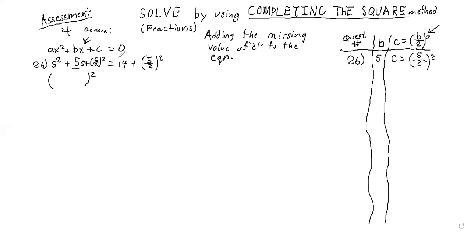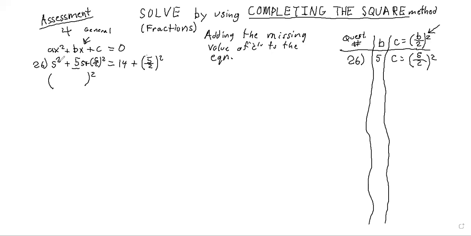Because we used a computed c value. When we added that to the equation, we created what's called a perfect square trinomial, which means its factors are identical. So instead of writing two sets of brackets like we normally do, we write one set of brackets and square it.